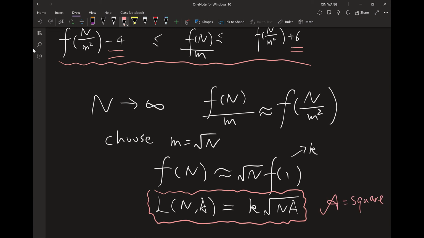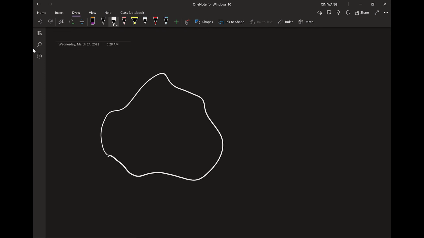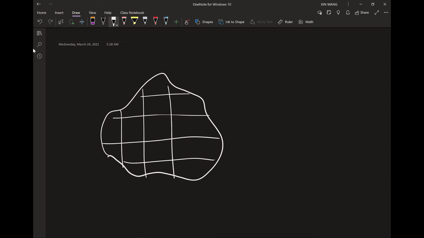In fact, when the market area is not a square, we can similarly do this decomposition. For an arbitrary shape, as long as n is big enough, we can cut the irregular area into smaller areas, where each of these areas is approximately a square, so we can apply similar analysis.